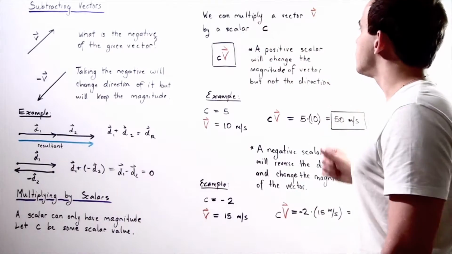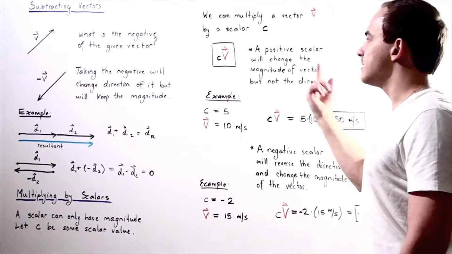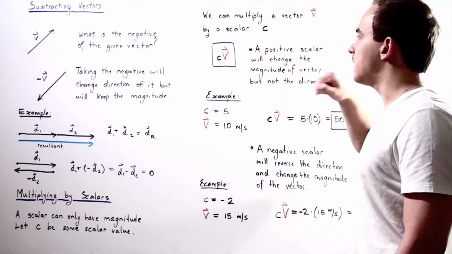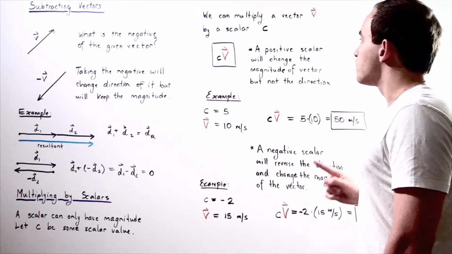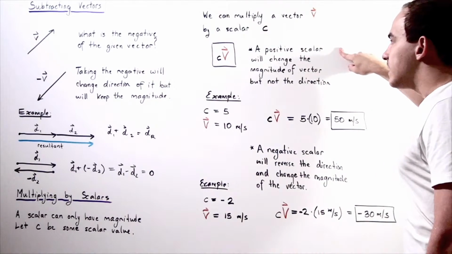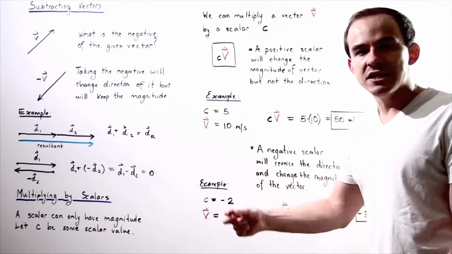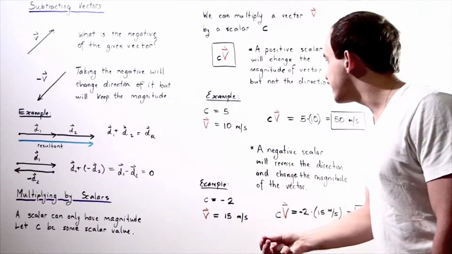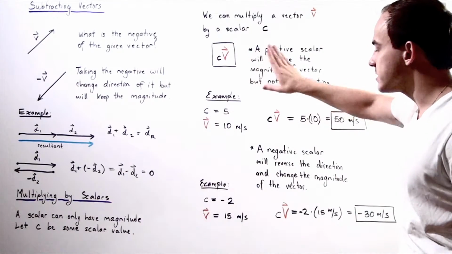So we can multiply a vector by any scalar value c. It's simply given by c times our vector v, or multiplied by the magnitude of vector v. Now, a positive scalar value will change the magnitude of the vector, either increase it or decrease it, but will not change our direction.